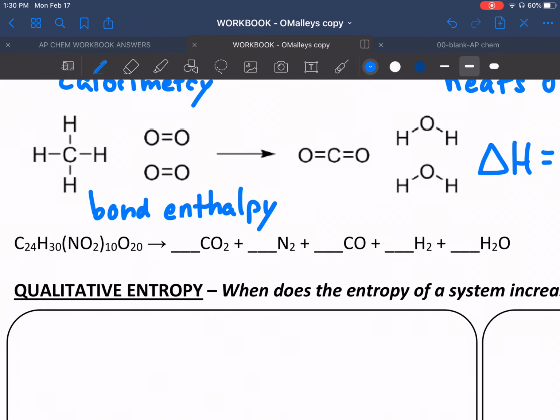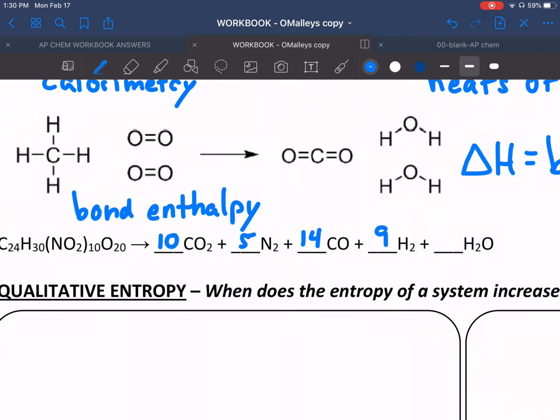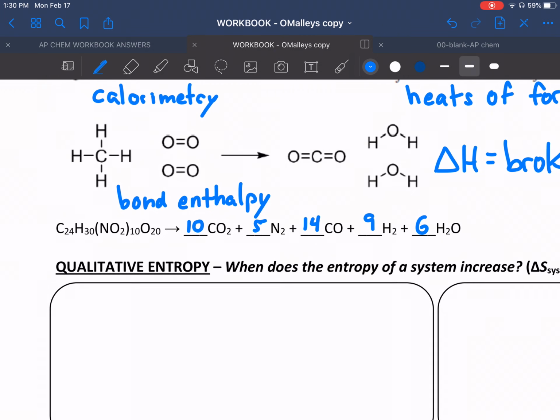Here's the reaction you saw on the first day of the year and many times since, which is the combustion of nitrocellulose, really the decomposition of nitrocellulose or flash paper, which happens to give off a whole lot of gaseous species. If you want to go back and balance this for fun, you can.